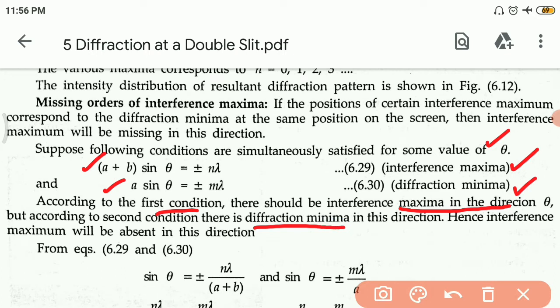Hence the interference maximum will be absent in this direction.